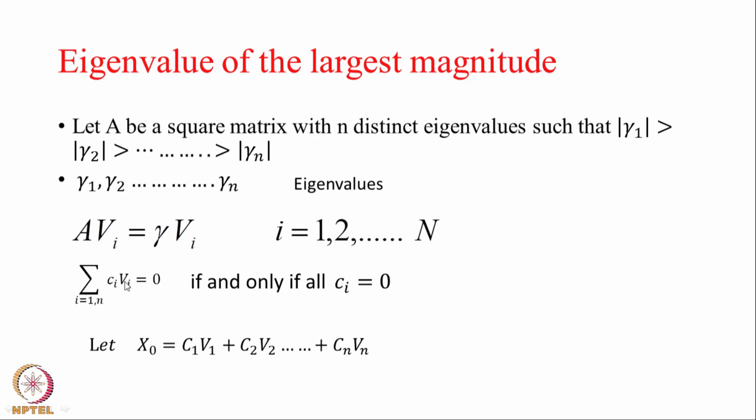See, for example, take the vectors i and j in 2 dimensions. You know that in 2 dimensions, I can write any vector as some A i plus B j. If I want A i plus B j equal to 0, the only way is if both A and B are 0.